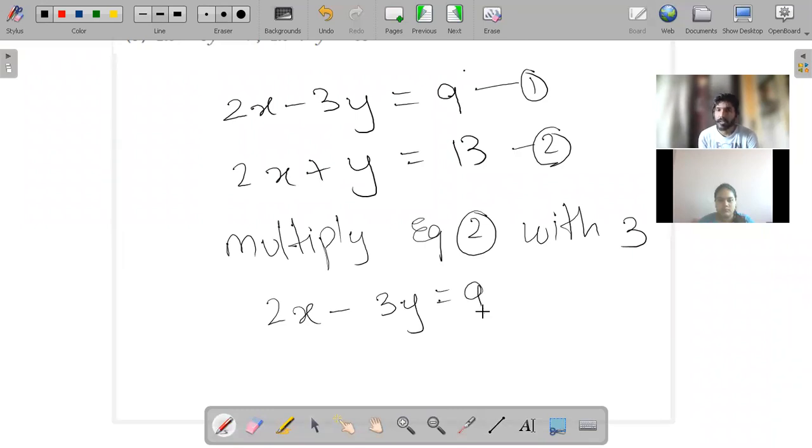Can you tell me what the second equation will now become? Multiplying equation 2 with 3, it will become 6x plus 3y equals 69. 13 into 3.